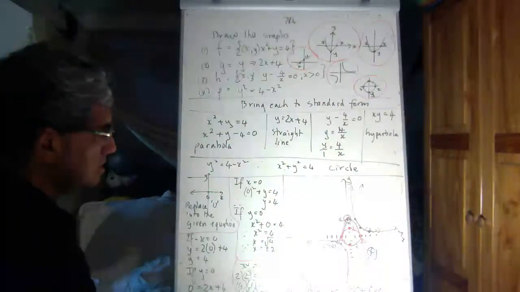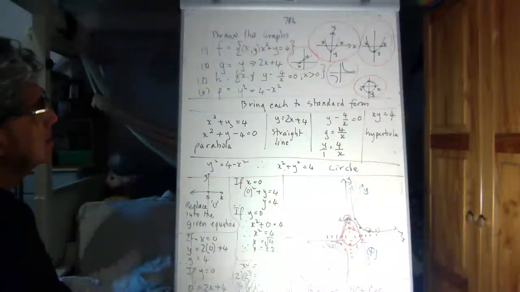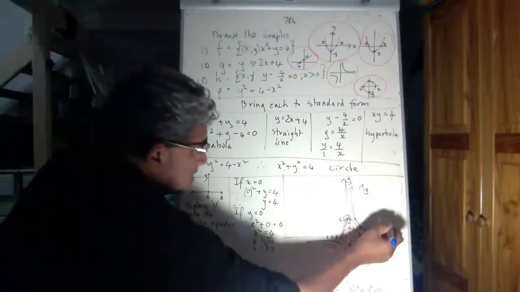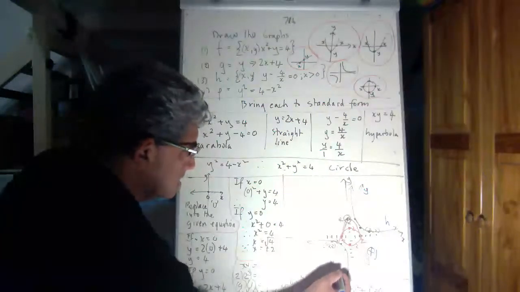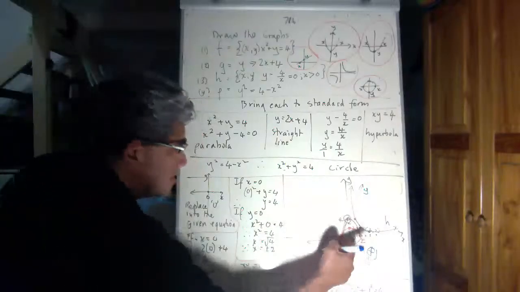G is the straight line, this one here. And the hyperbola is H, which is this one here, but it's also H here. It's a double one, like a reflection. And P is this one here, that circle.